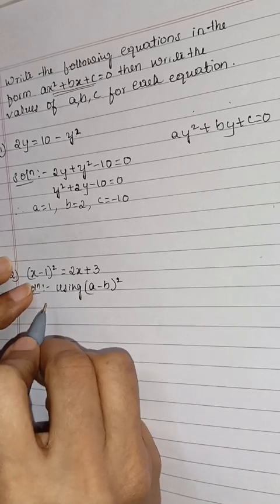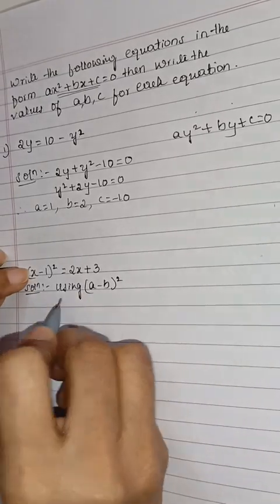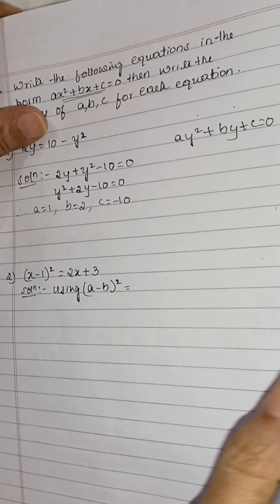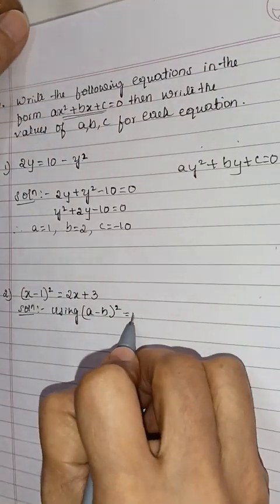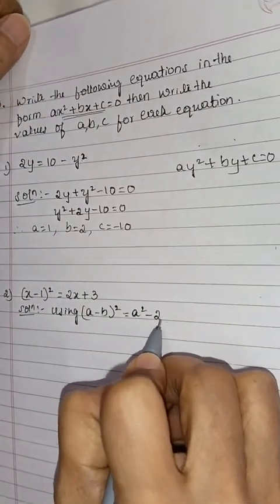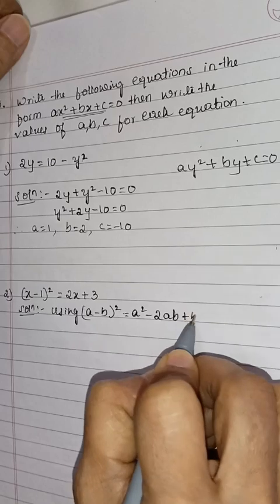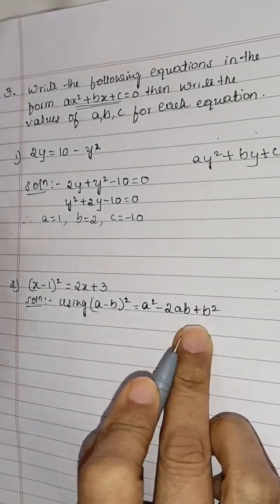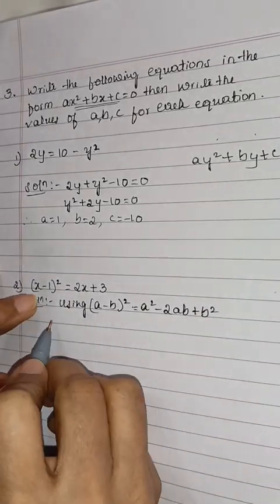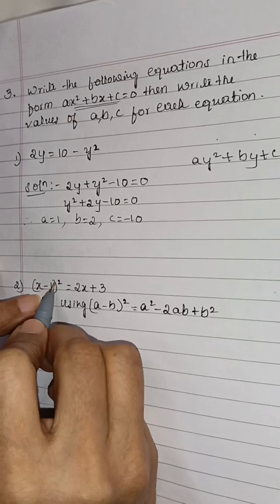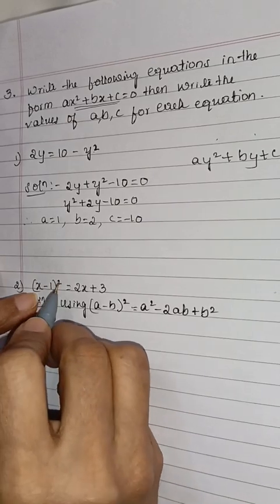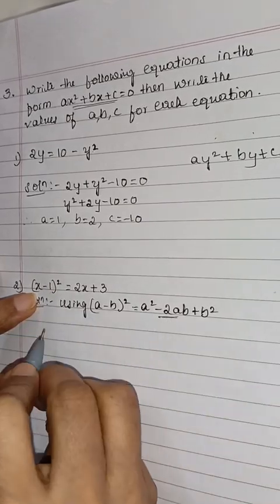What is the formula here? (a - b) whole square is a square minus 2ab plus b square. So we have to apply these formulas to (x - 1) whole square.